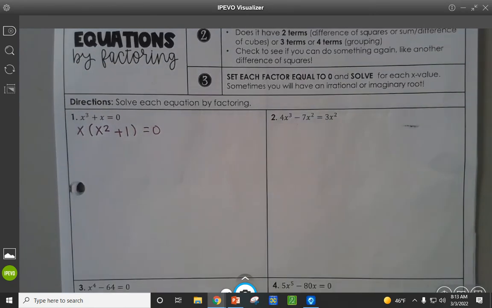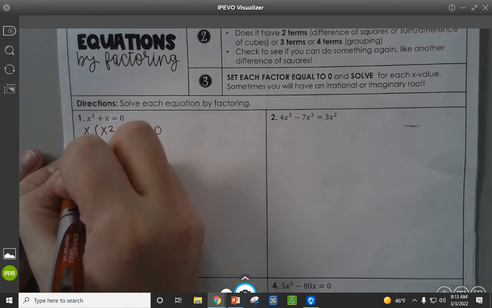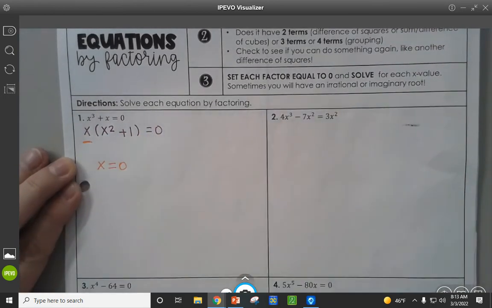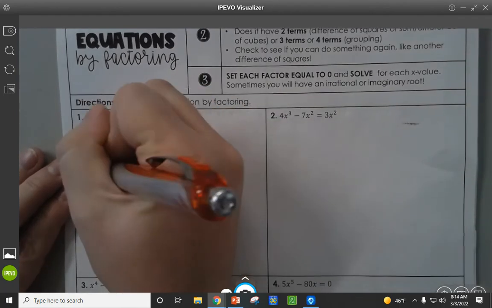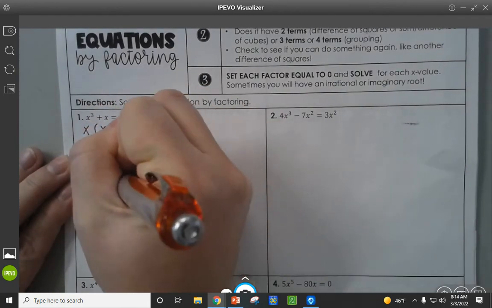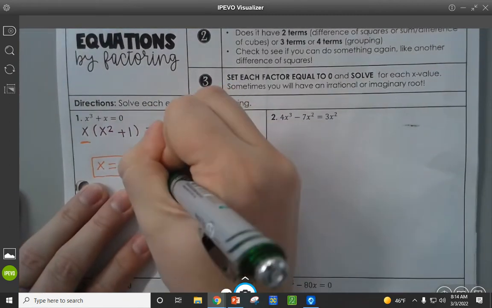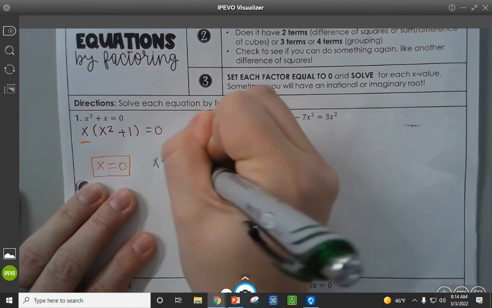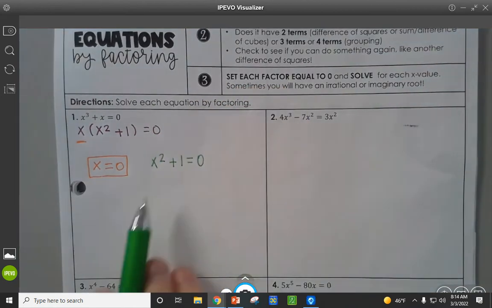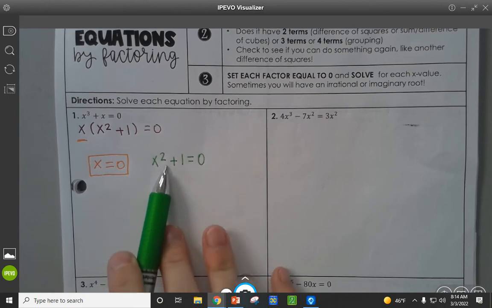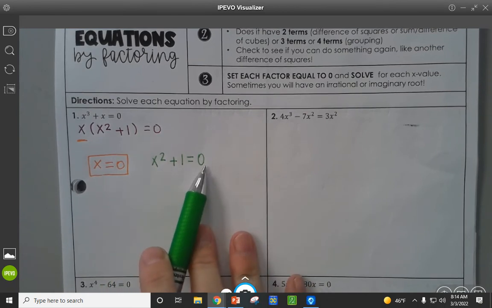So once it's factored completely, you take each factor, so x equals 0, and that one, that's all you have. You don't have to do anything. So it has an x-intercept at 0. And then you take the other one, x squared plus 1 equals 0. Since I don't have a plain x here in the middle, I can just subtract 1 from both sides and then take the square root.